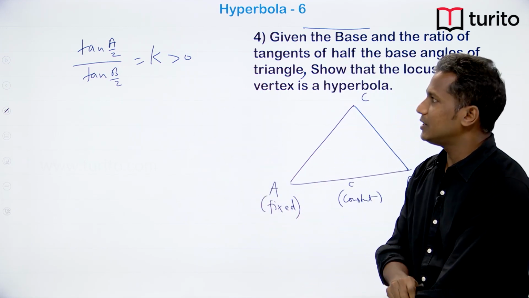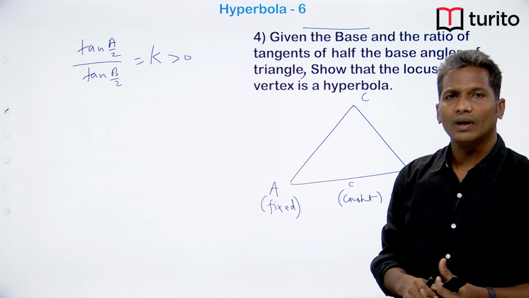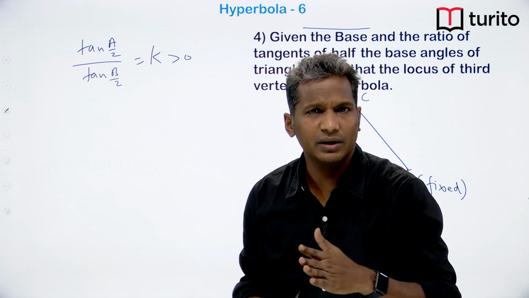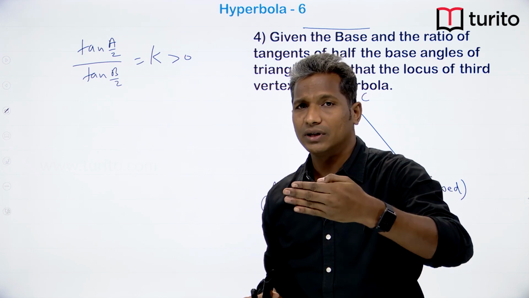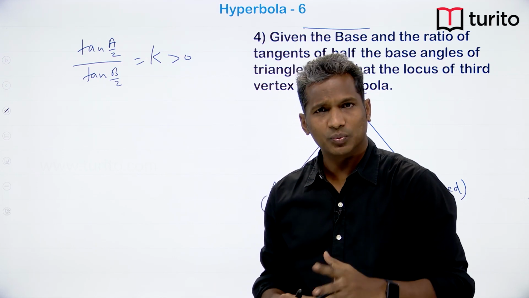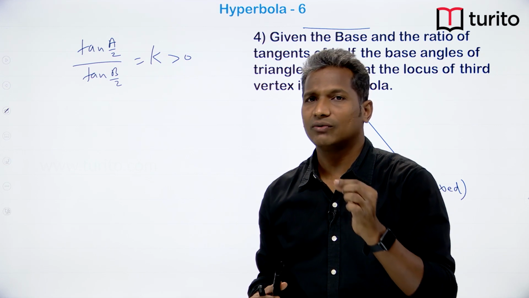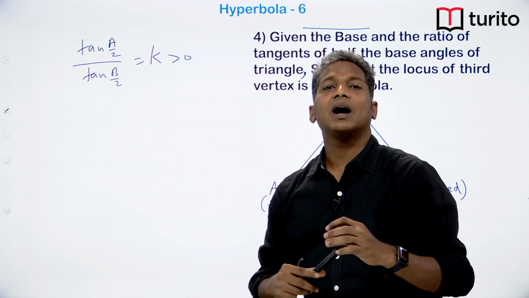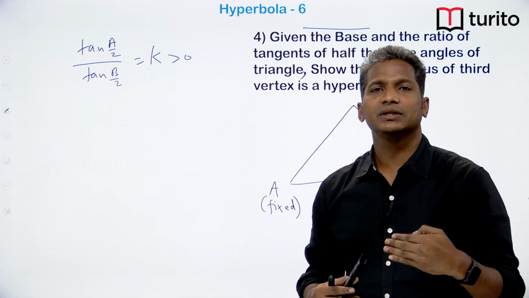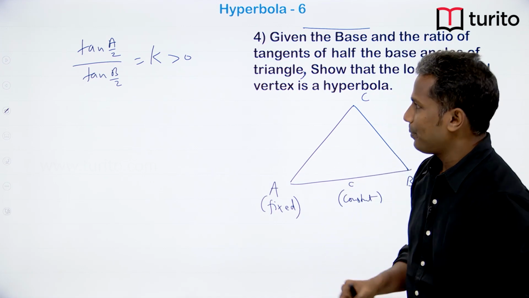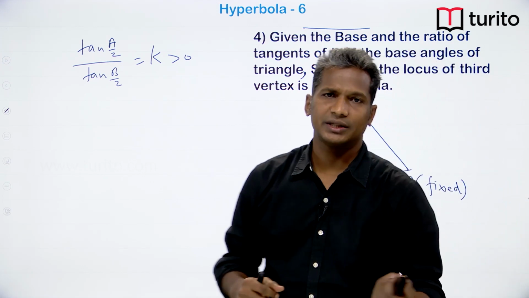Now, this value of k can also be equal to 1 or greater than 1 or less than 1. Is it possible? That we do not know. We have to see it after we get the derived equation through the algebra. But how do we proceed with this question?